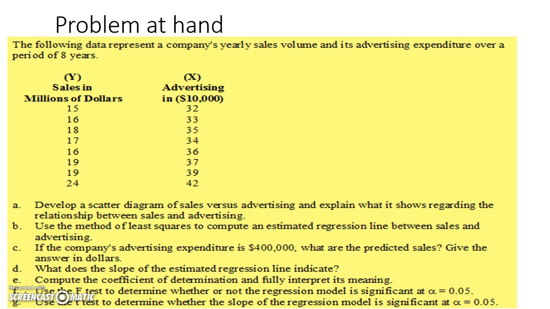That means it's a linear function in terms of x. Since there is only one independent variable, it is called simple linear regression. So it would be of the form y equal to a plus bx.